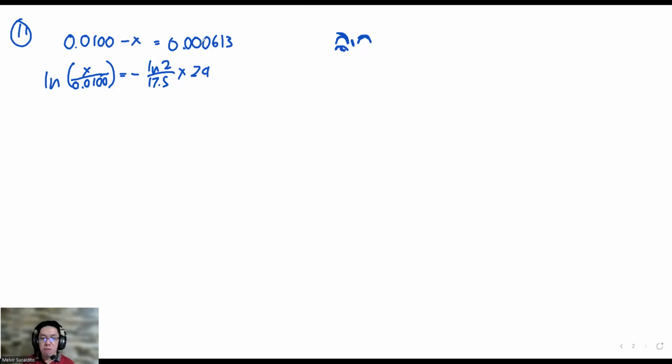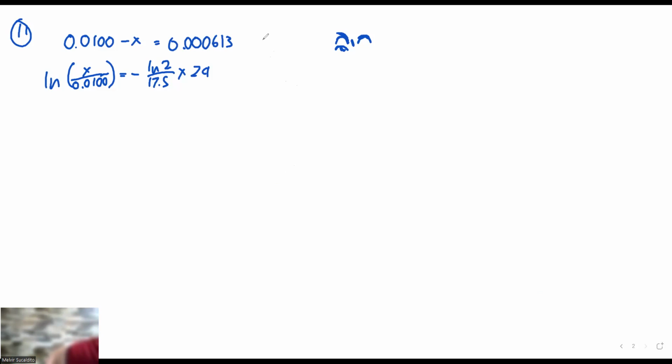This is blasphemy po. Ano na, sige, go ahead. What you need there lang, Josh, is x, not the 0.01 minus x. Literally x. What is cobalt 55 remaining? So no need to have this 0.01 minus x.